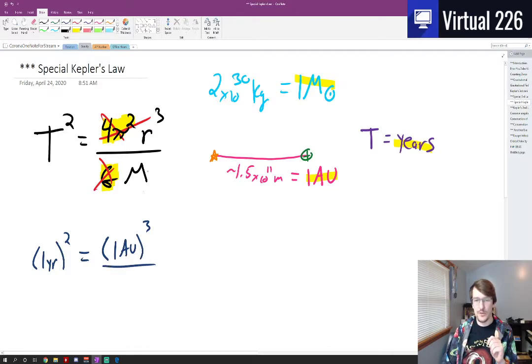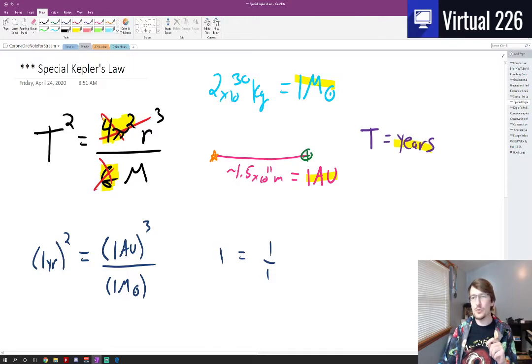Divided by, what's the mass of the system here? Well, it's pretty much just the sun, because if we added the Earth to it, it's very negligible. So what's the mass in terms of suns? Well, it's just 1 solar mass. 1 squared is 1. 1 cubed is 1. 1 divided by 1 is 1. 1 equals 1. We've just proven this for the Earth.